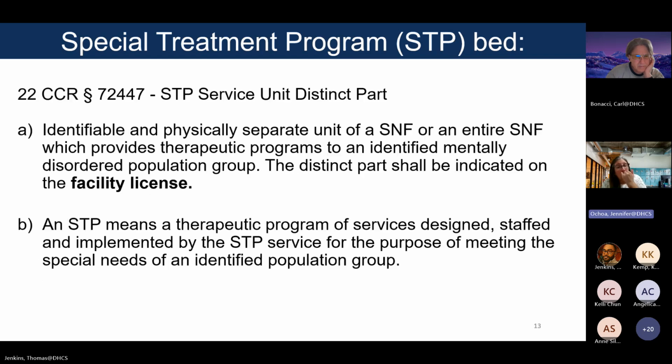Next slide. So, in order to qualify for special treatment program services, the individual shall be reviewed and approved by the local mental health director or designee. So when we recommend, that facility does receive its own approval that is outside of our purview. The facility program plan shall include provisions for accepting the following.